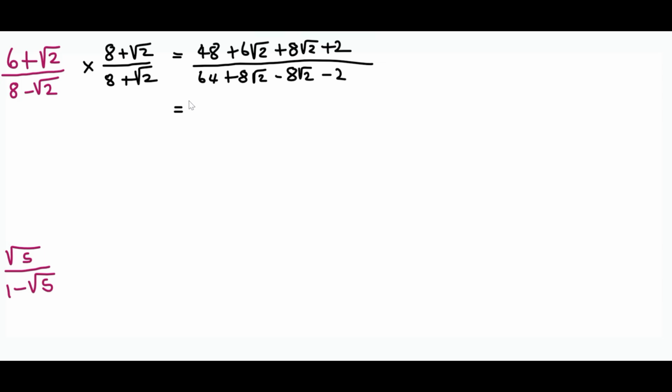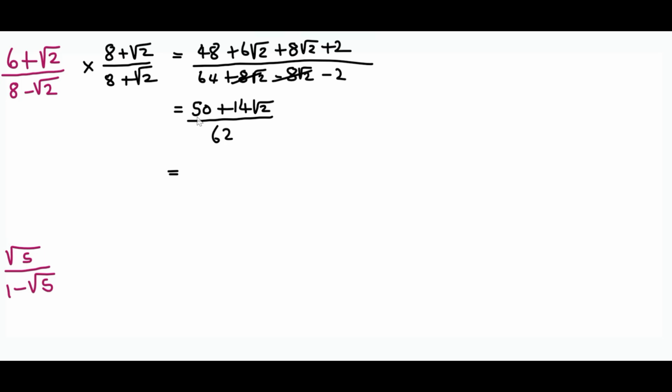Now collecting the like terms, 48 plus 2 gives us 50. 6 root 2 plus 8 root 2 gives us 14 root 2. The denominator, plus 8 root 2 minus 8 root 2 cancel out. So we're left with 64 minus 2, which is 62.